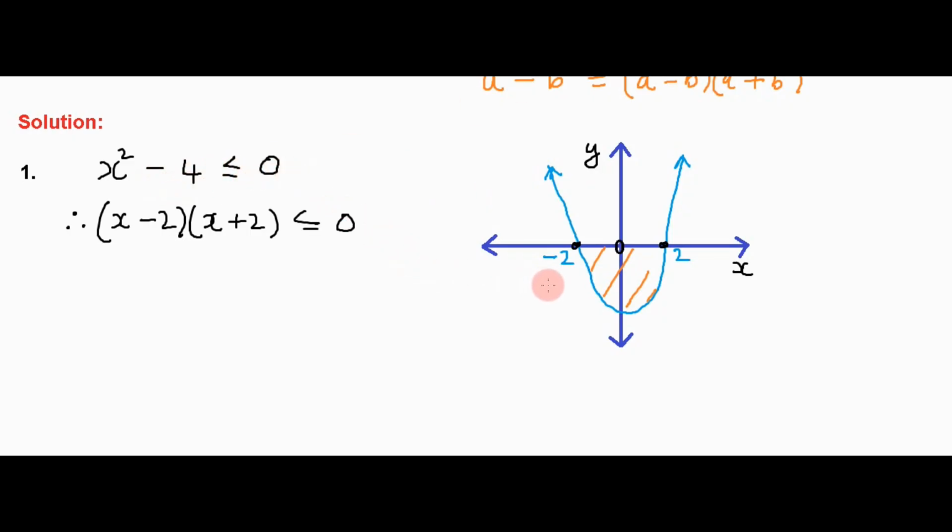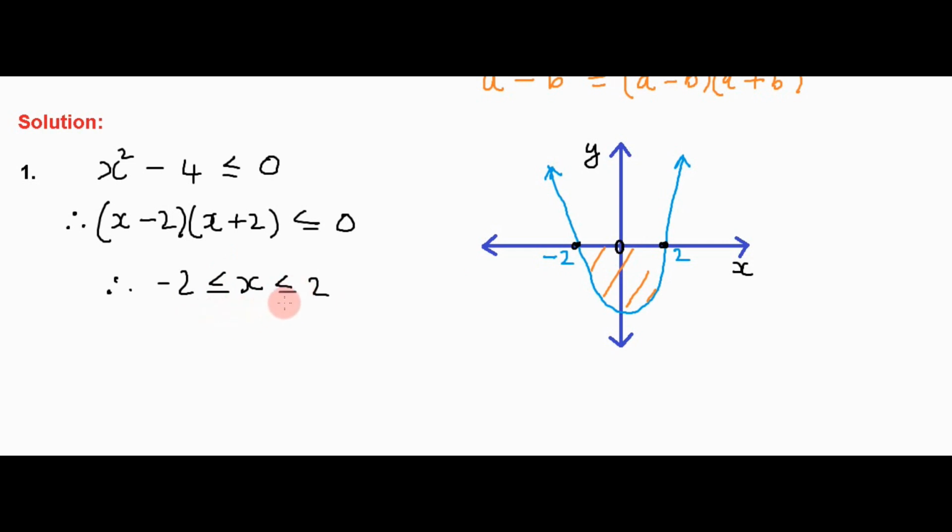So we need to find the values of x for which the graph is either 0, in other words, cutting through the x-axis, or negative, in other words, below the x-axis. And we can see that for all x's between and including negative 2 and 2. So our answer will be x is greater than or equal to negative 2, but less than or equal to 2. So between negative 2 and 2, including negative 2 and 2.